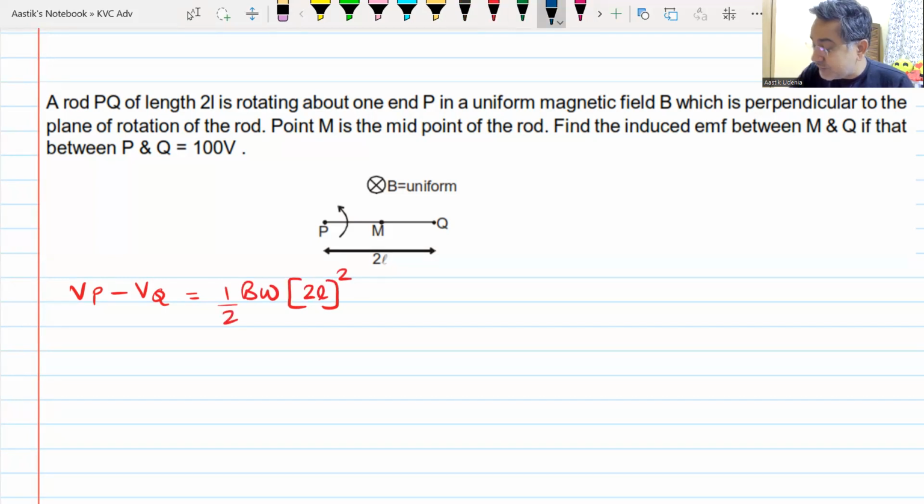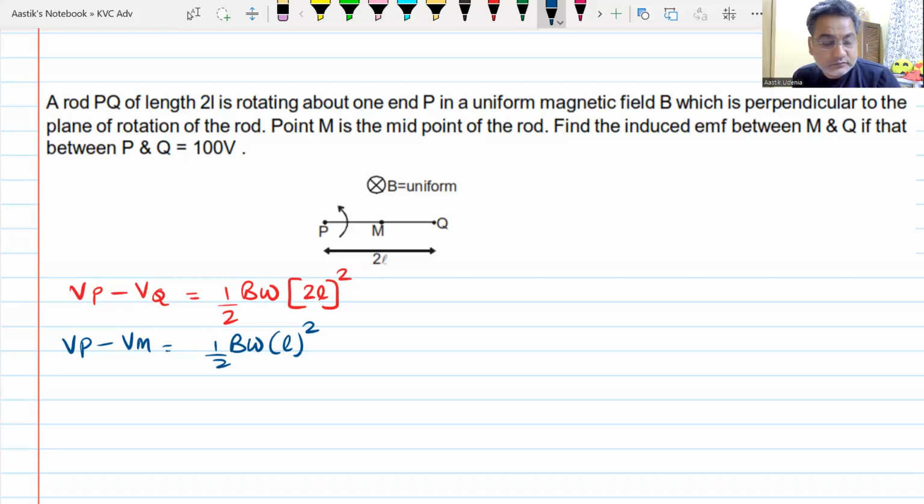What is the potential difference between point P and point M? Half B omega into the length L, so L squared. So if I have to find out the potential difference between M and Q, which point will be at a higher potential, M or Q?